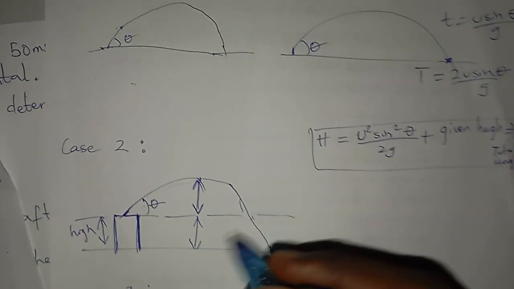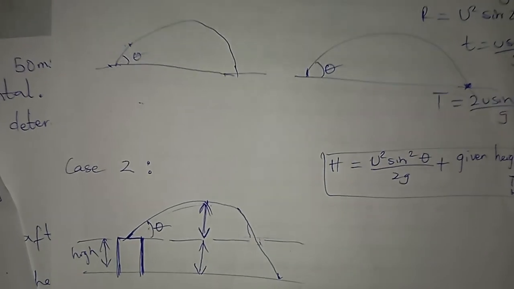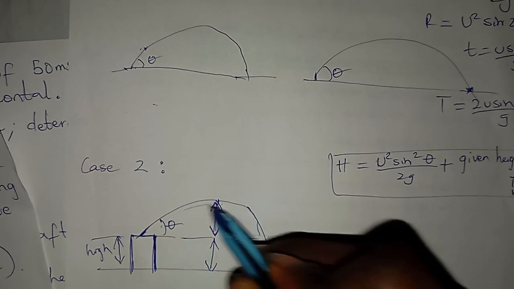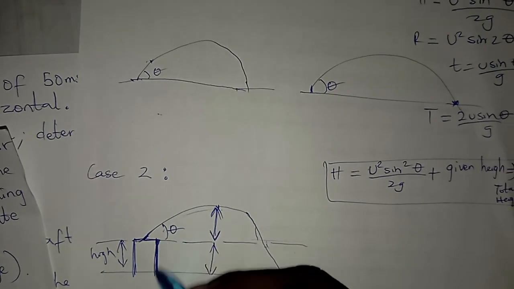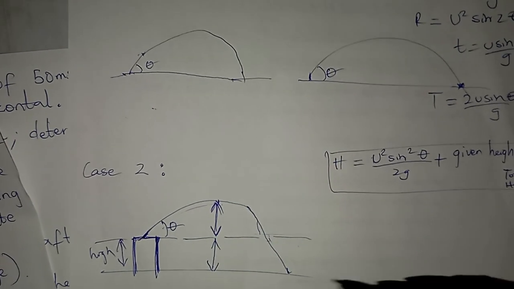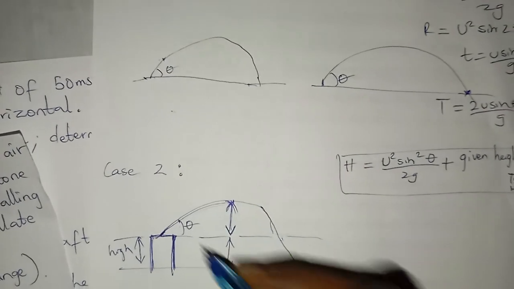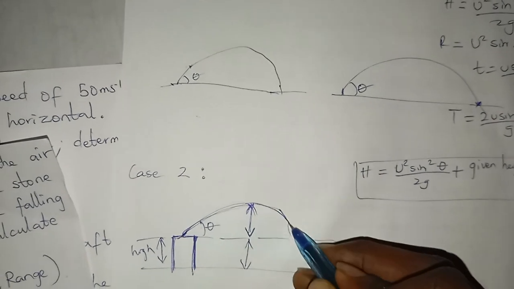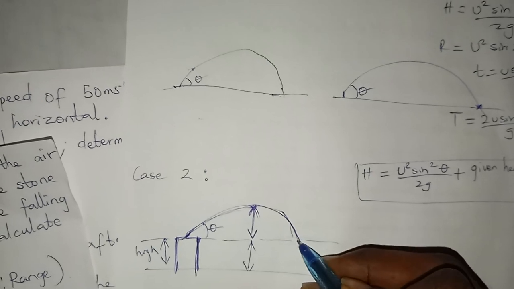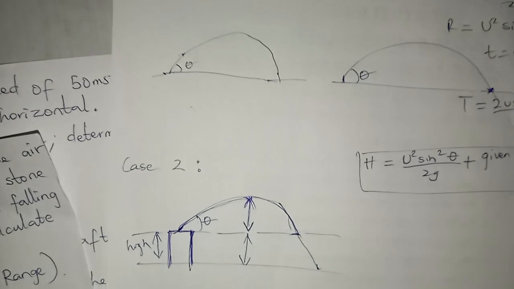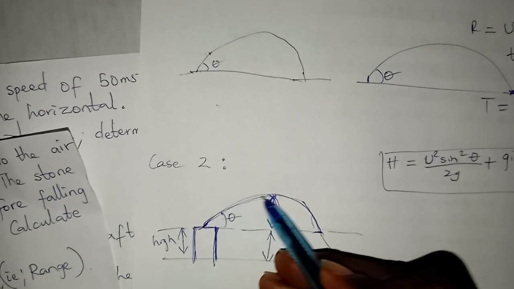Now to find the total time in case 2, whenever it is projected from a height at an angle, notice that from this point to this point, the question looks exactly like our normal case 1. So you do everything from here to here.